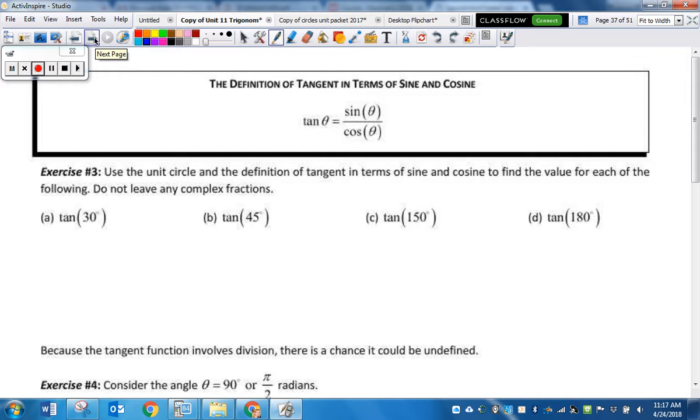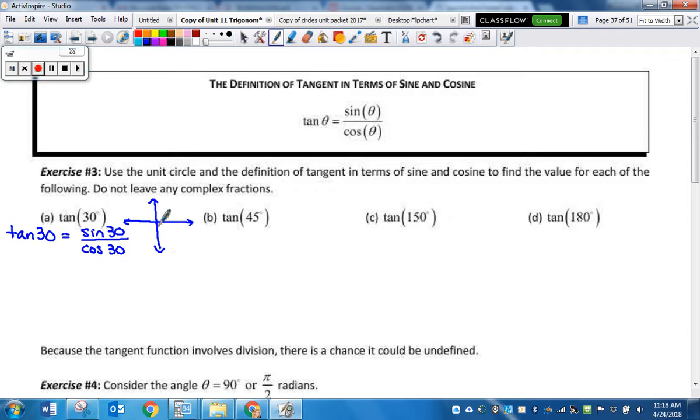Okay, there it is. So, we should be able to do this without a calculator. We want to find the tangent of 30 degrees. Okay? So we know that the tan of 30 would be equal to the sine of 30 over the cosine of 30, right? And we would draw pictures, because we know how to find the sine of 30 and the cosine of 30, because that's what we've been working on for the last few days.